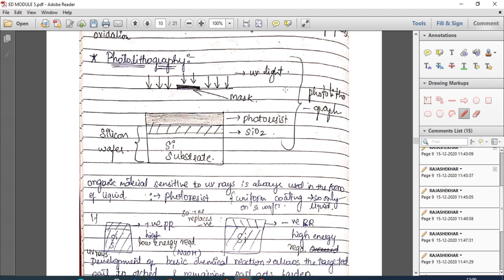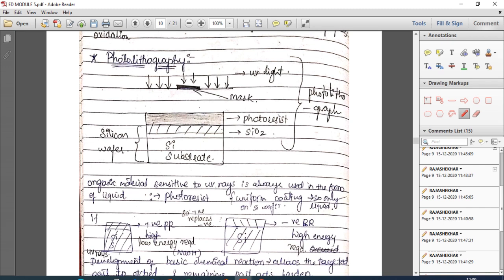As the name suggests, it has photo, that is nothing but the light. Lithography is a process which is used to soften or to harden the material which is sensitive to the light. So I will repeat: photo is nothing but the light, or in other words photon, is nothing but light.